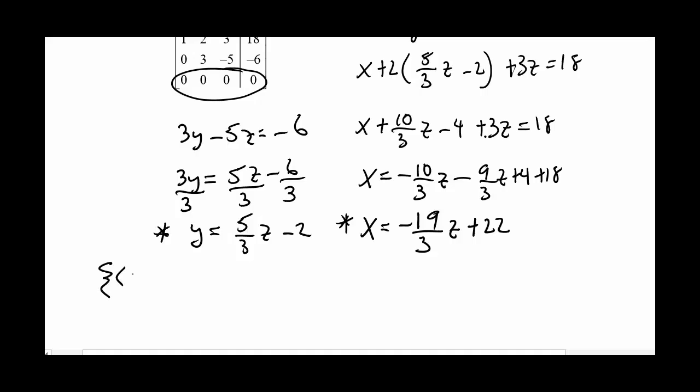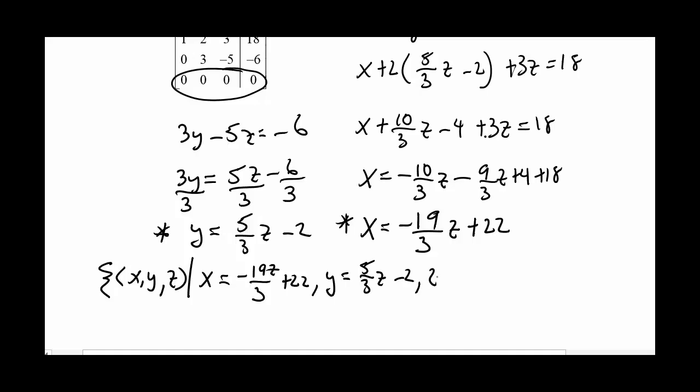It's going to be the ordered triple, so x, y, and z. And these are symbols, by the way, so we do use that notation to indicate that it's going to be any ordered triple where x is defined by negative 19z over 3 plus 22, y is 5/3 z minus 2, and z is any number.